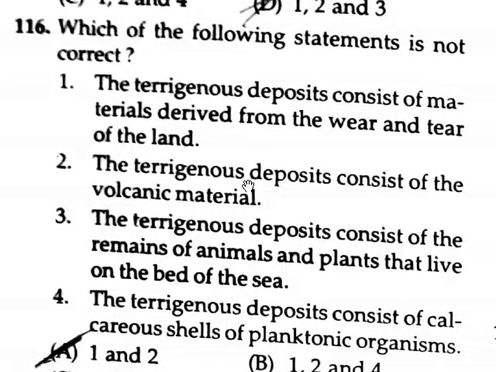Terrigenous deposits consist of the remains of animals and plants that live on the bed of the sea, it is correct. Terrigenous deposits consist of calcareous shells of planktonic organisms, it is correct. So 3 and 4 are correct, but here the question asks for what is not correct, so it is 1 and 2.